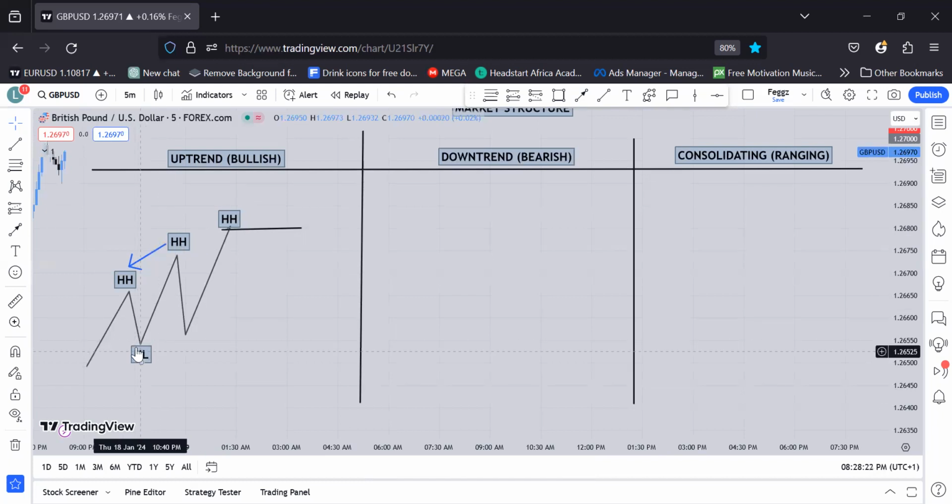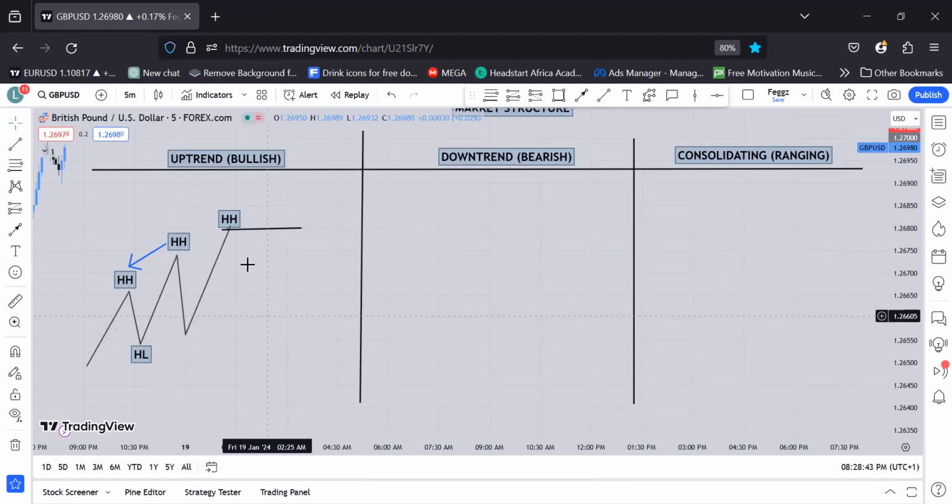The previous higher low is what forms the next higher high. If you look at this now, when the market came down and formed this higher low, it was from this higher low that the price pushed up and broke this high.